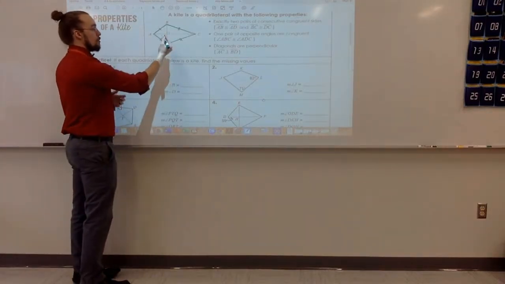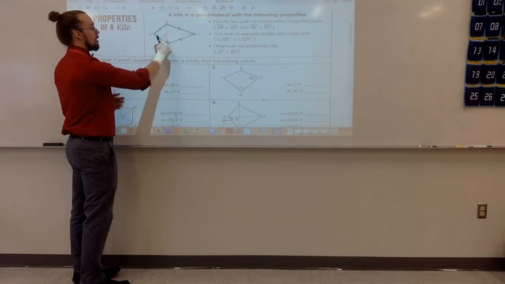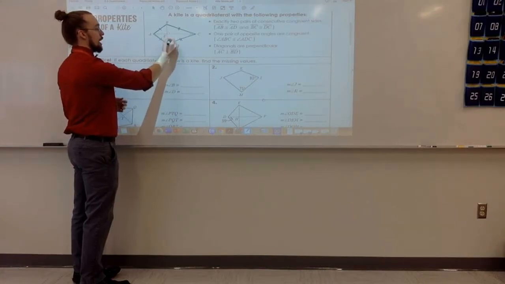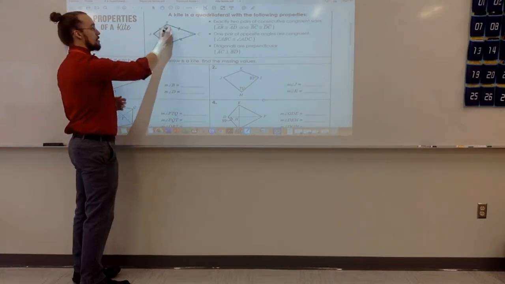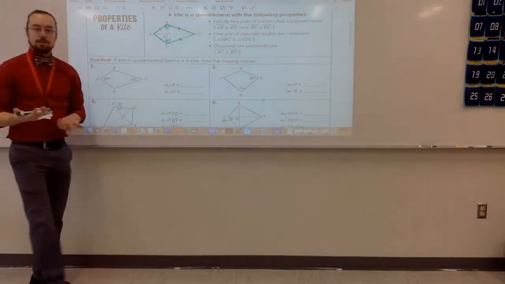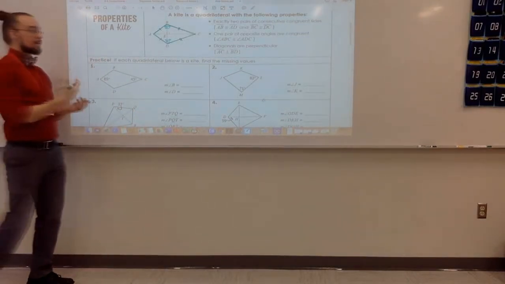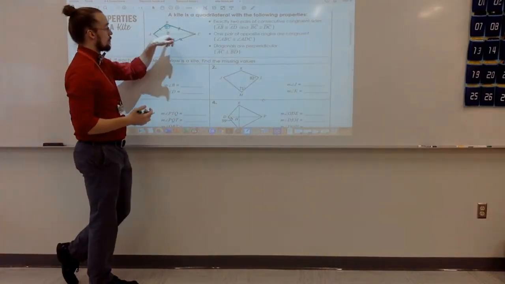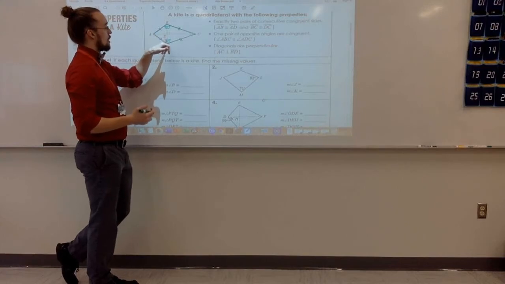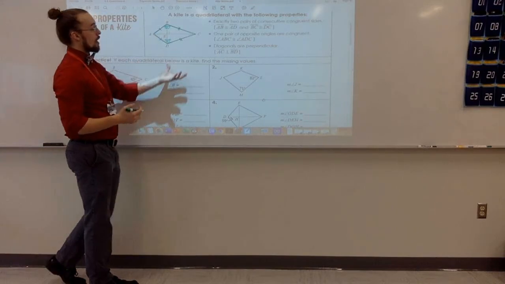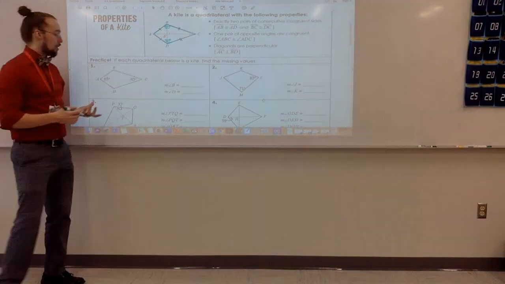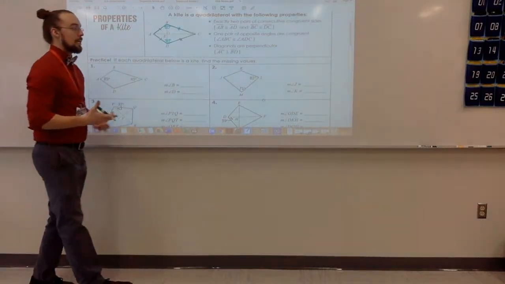So, for example, if this angle is 80 degrees, then this angle is 80 degrees. We could then find other angles in our figure knowing that information. We'll look at examples down here using that idea.